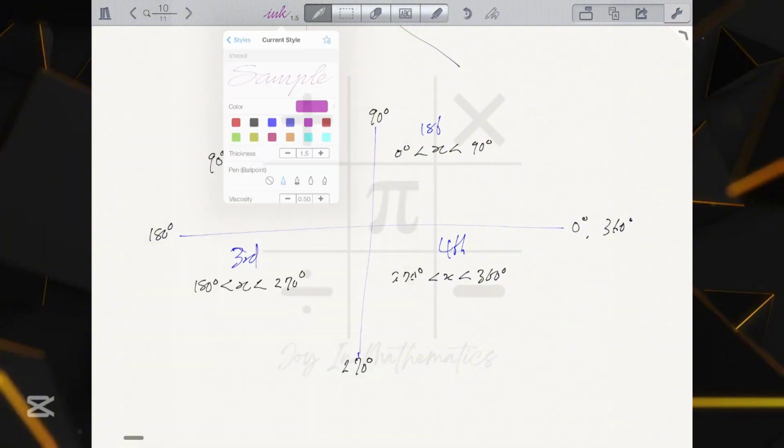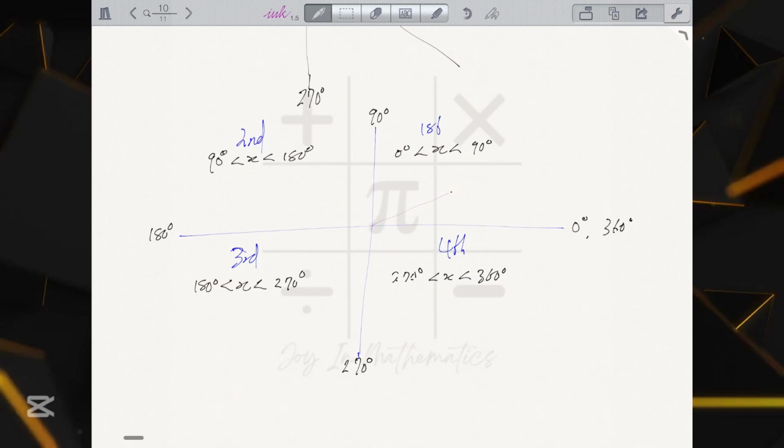Now let's draw a line. Theta here is the acute angle, so it is simple. We'll just say that the related acute angle here is theta, and we can call this x.